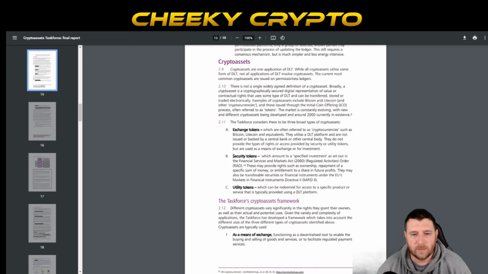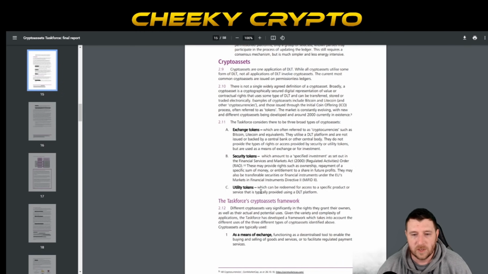So a good example of a security token would be where you've purchased this token and you're relying on a company being successful and you're going to receive shares from that company off the back of holding this token. Or another example of a security token would be somebody tells you that if you buy this token, you're going to be given $10,000 over X amount of time. That may be classed as a security. Okay, so hopefully that helps.